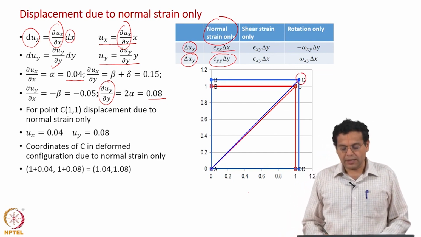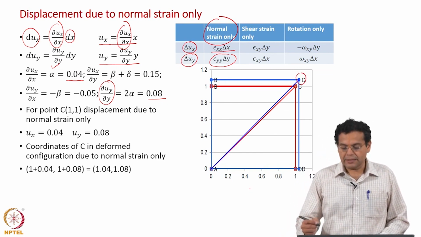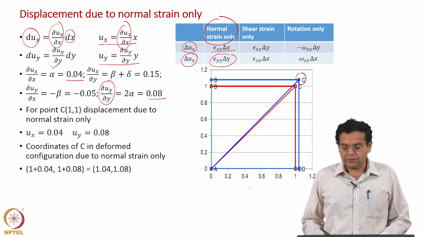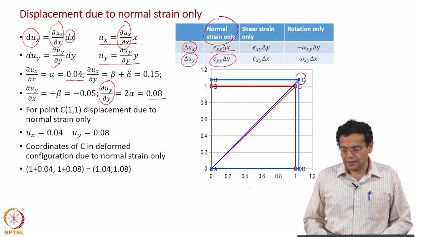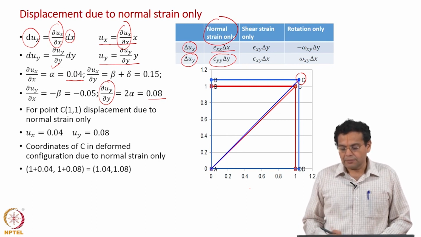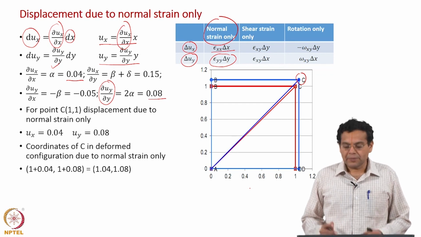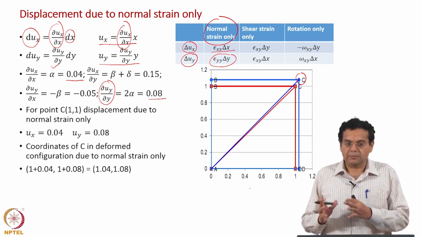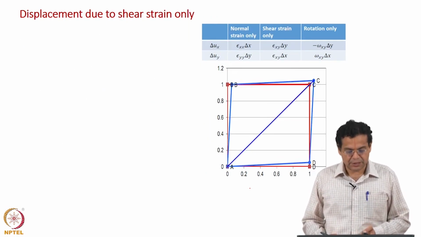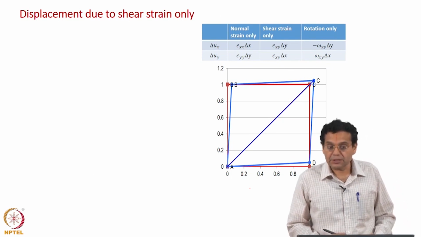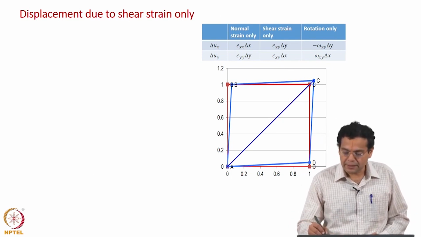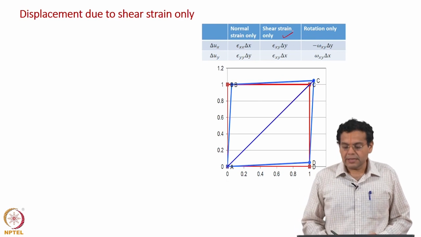For C, the x coordinate is 1.04 and the y coordinate is 1.08. Similarly, you can calculate for other points, and the red boundary becomes the blue boundary. This displacement is because of normal strain only. Okay. Now, let us proceed to displacement due to shear strain only, which means that we have to consider the second column.